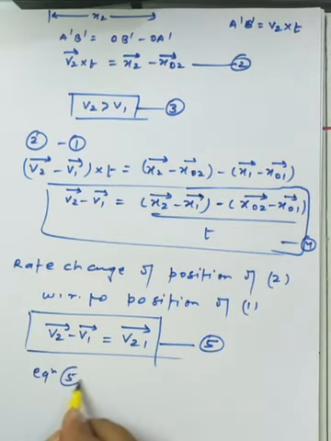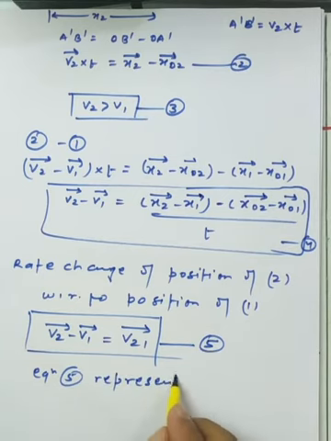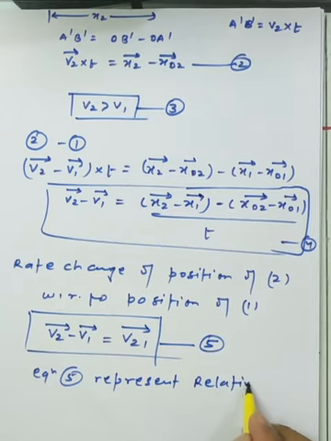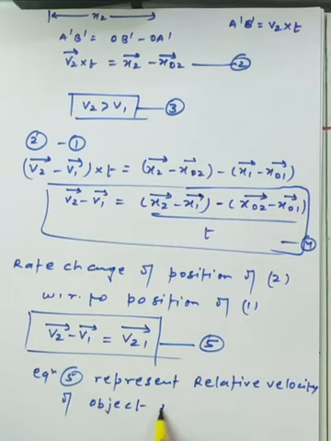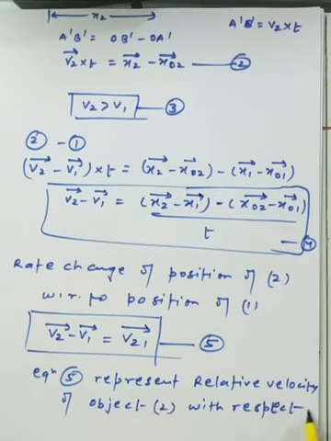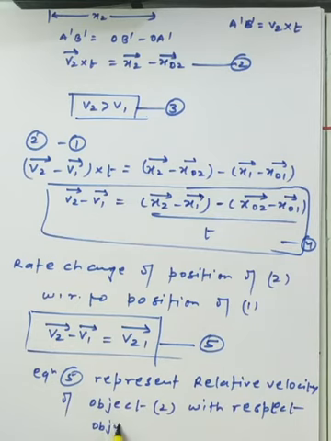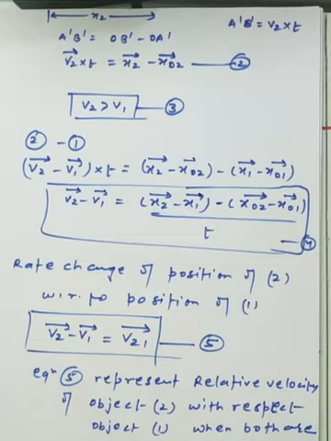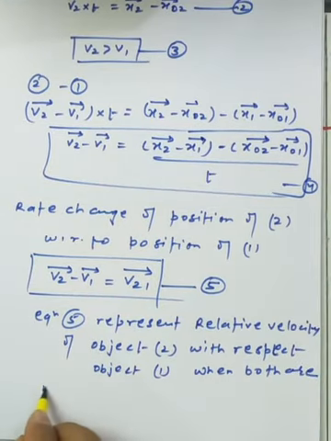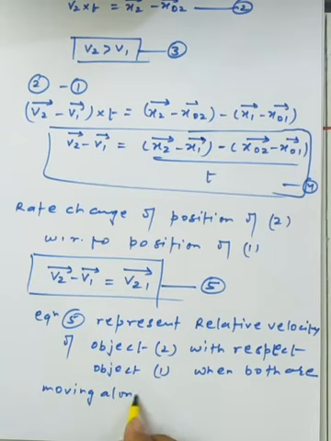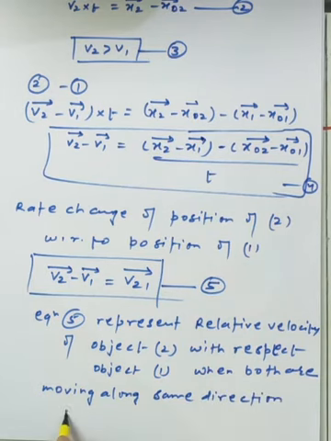So equation number 5 represents the relative velocity of object 2 with respect to object 1 when both are moving in the same direction, where v2 is greater than v1.